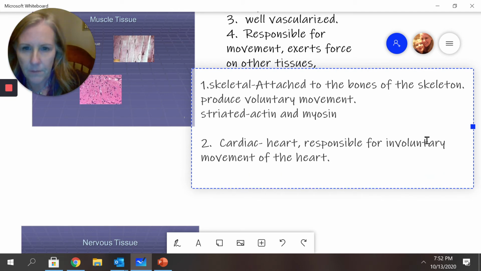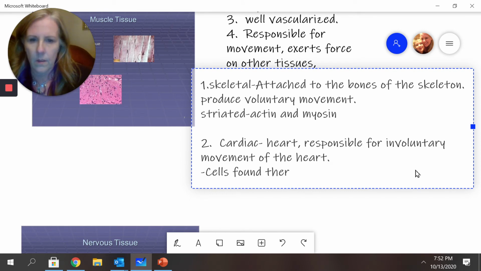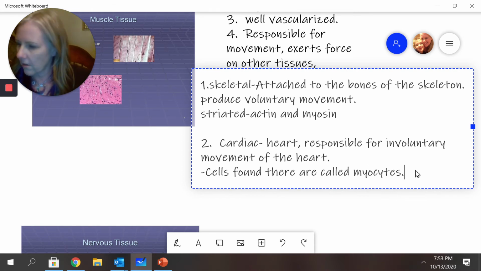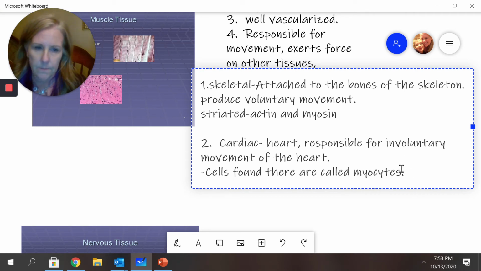A couple other tidbits of information you need to know is that the cells found there, the muscle fibers that make up the cardiac muscle, we have a special name for them. They are called myocytes. Let's look at that word, myocytes. Cytes you recognize. Myo, that prefix MYO, means muscle.